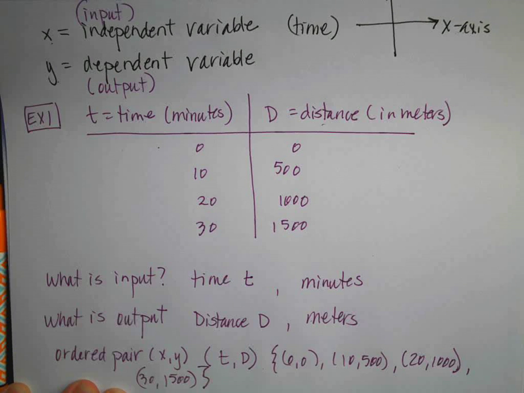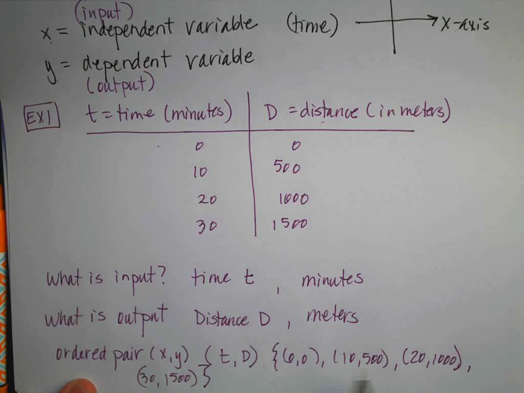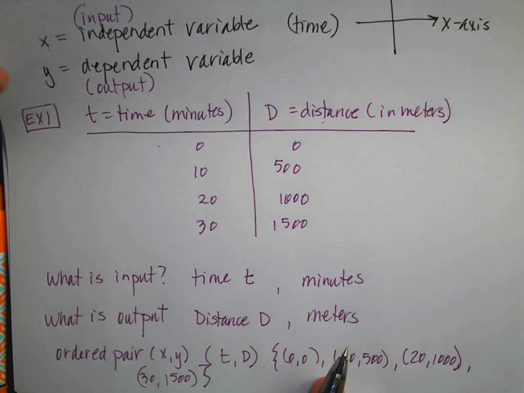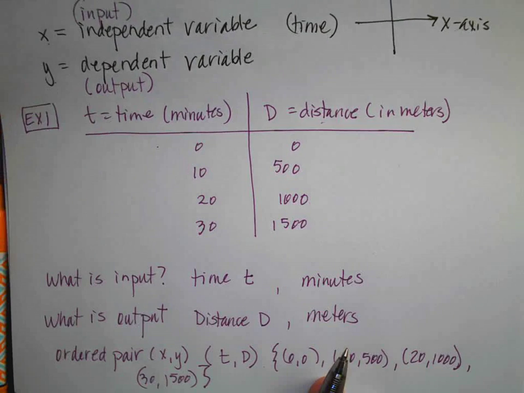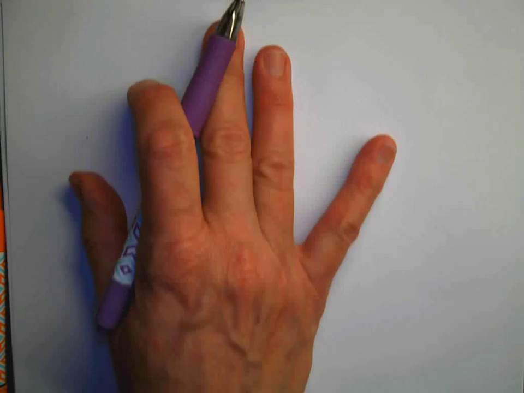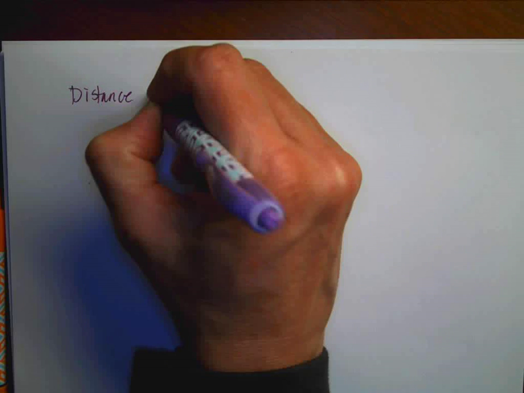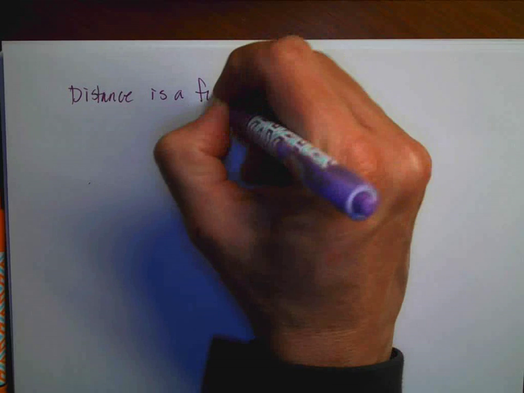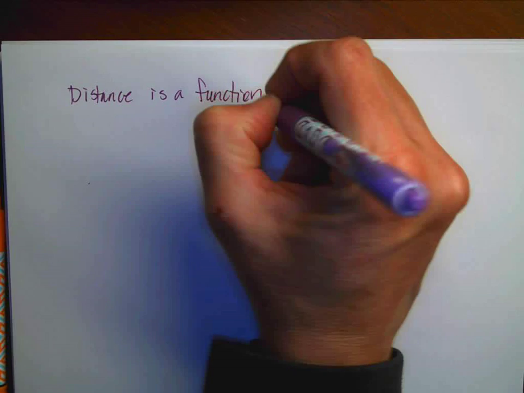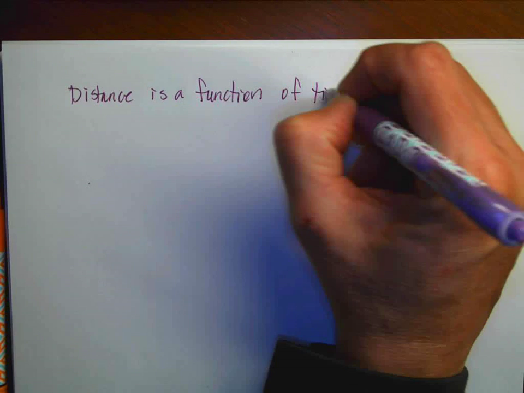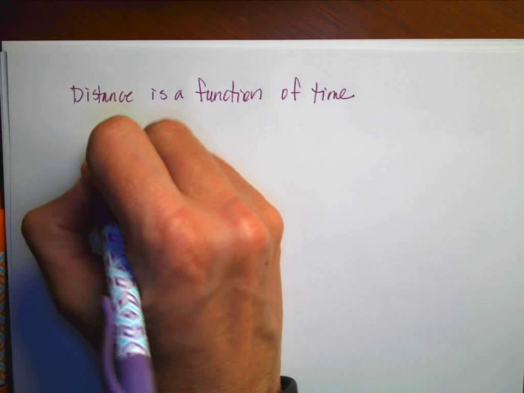The only reason for turning them into ordered pairs is that if I am graphing, it's a little bit easier not to mix up your numbers, okay? If we still keep going with this particular example, I'm going to go to a different page since you already have that information written down. We know that distance is a function of time, okay?